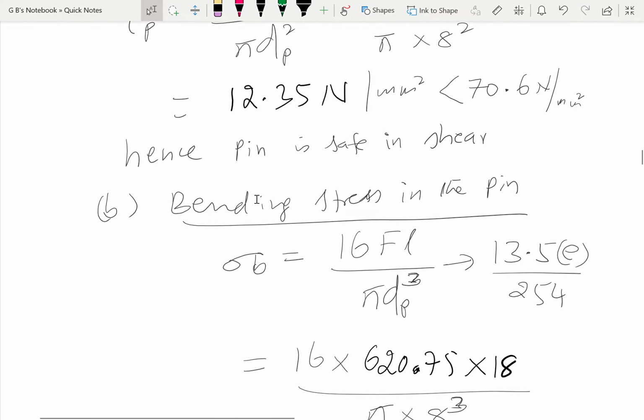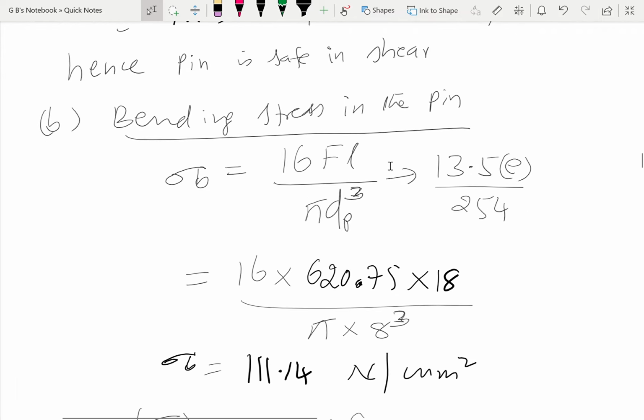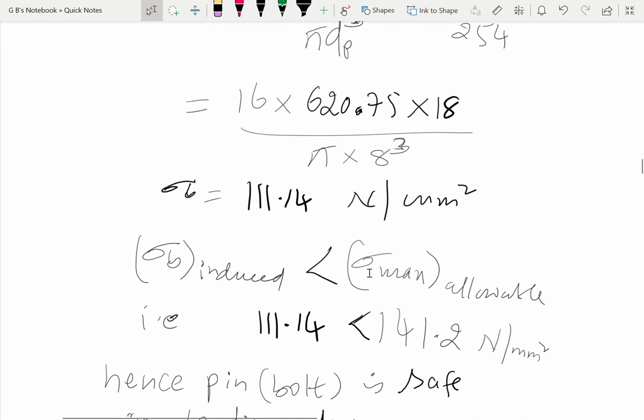Let us check in bending. Okay, second one, bending stress in the pin, that is sigma B. Sigma B is equal to 16 Fl divided by pi dP cubed. After substitution, that is F is 620.75 and L is 18 mm and dP is 8 mm, and simplifying we get 111.14 Newton per millimeter squared bending stress in the pin.